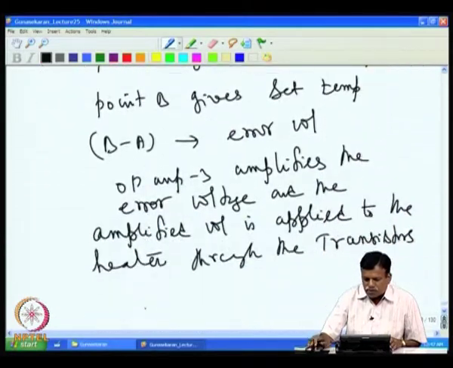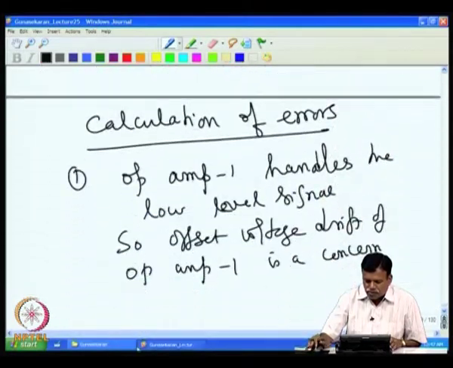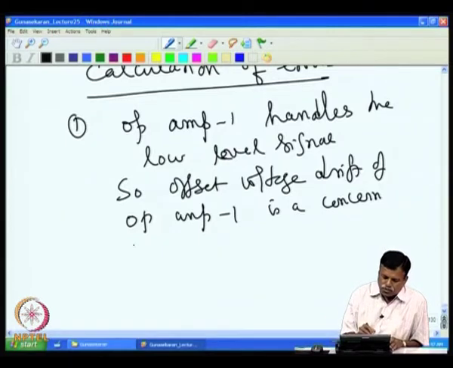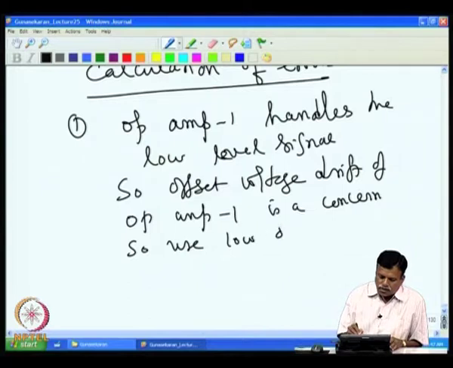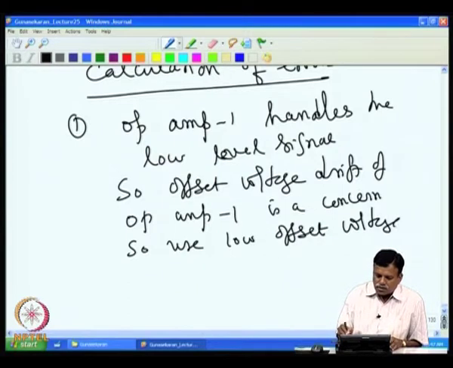So, this should have a very low offset voltage drift. Use a low offset voltage drift op amp for op amp 1.